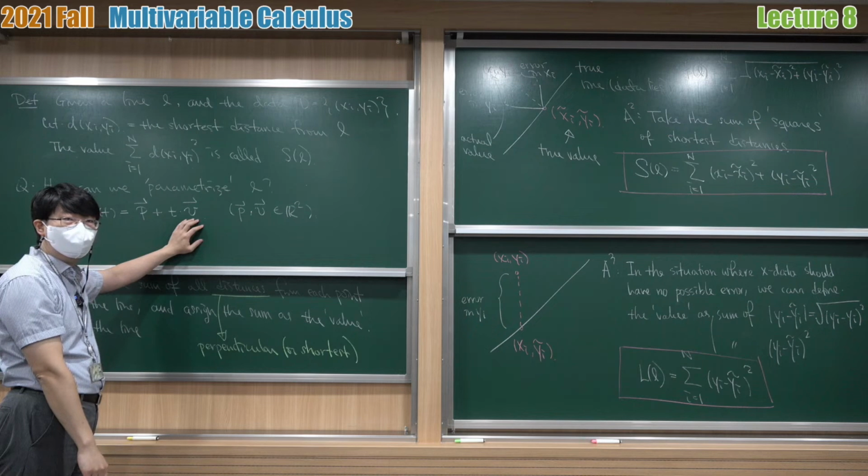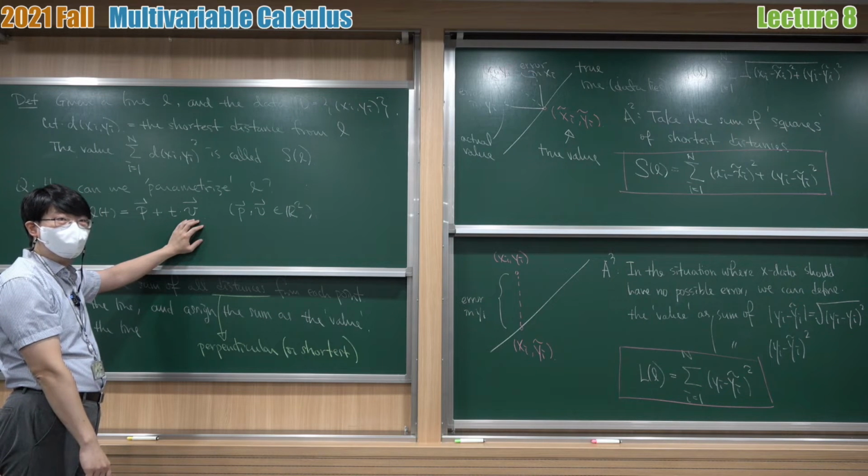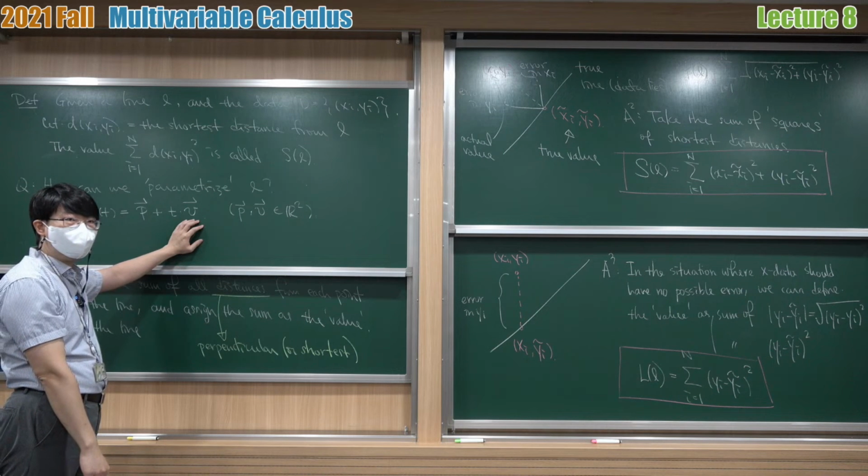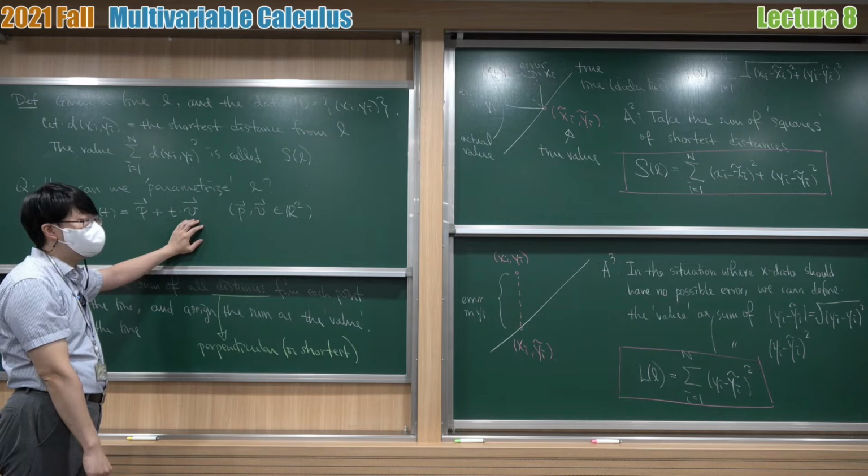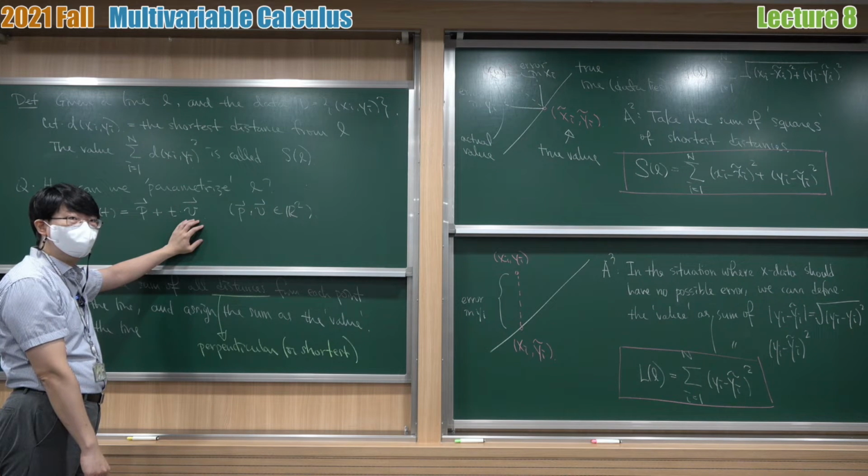Just like in two-dimensional space, when we concern about the single variable function, then we can depict the slope as a real value. Like 1 will be this way, 45 degrees.